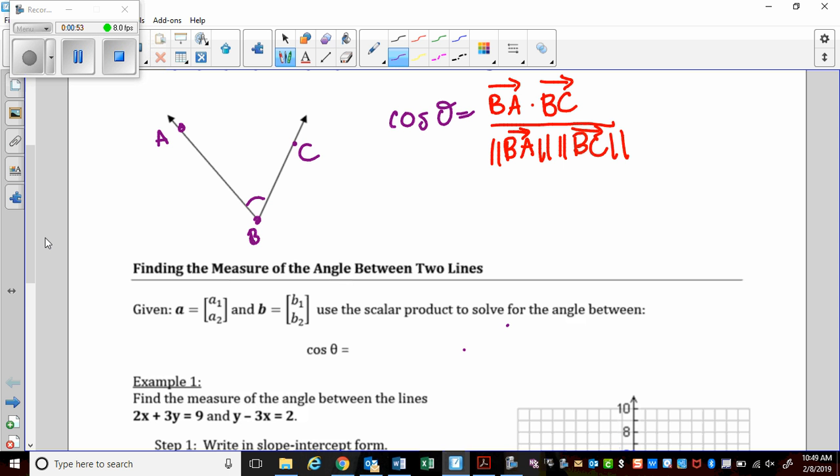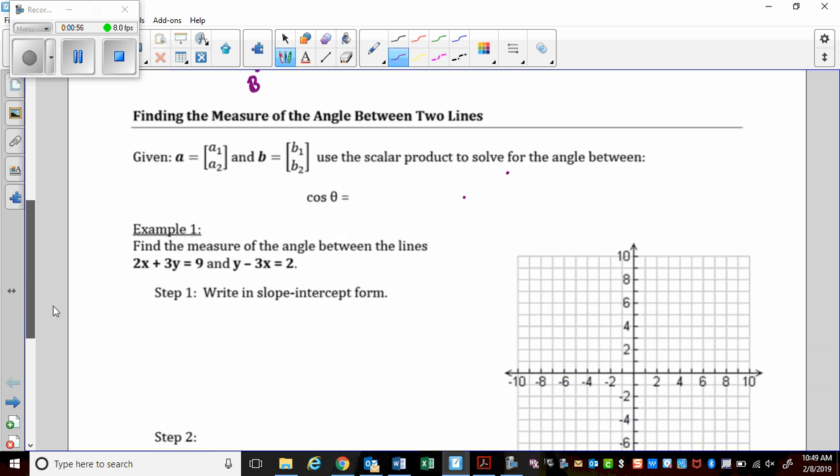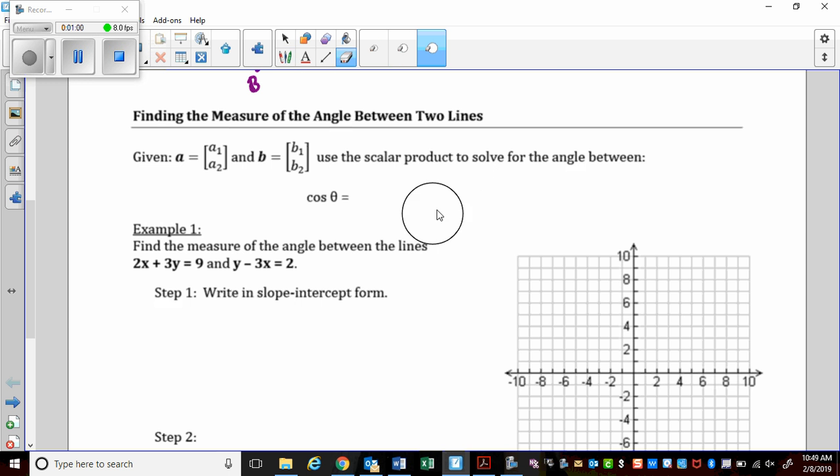This is pretty similar. It says find the measure of the angle between two lines instead of these points or vectors. We're going to use the same formula.